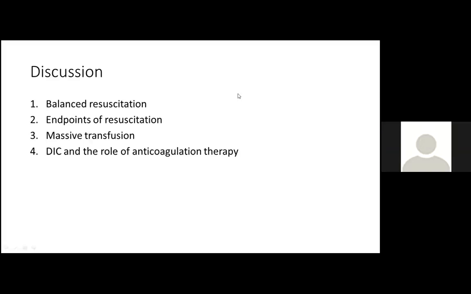Okay. I also just wanted to add on the role of anticoagulation therapy in patients with DIC. One of the things that has been emphasized is that when you want to use anticoagulation, it should be used to treat the patient, not the results of the patient.